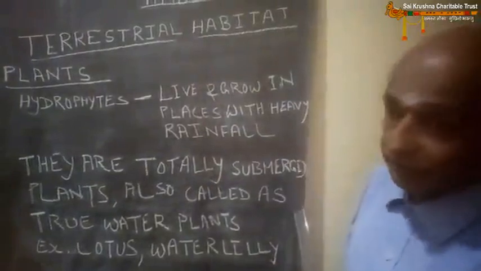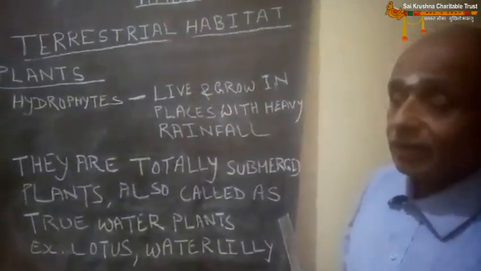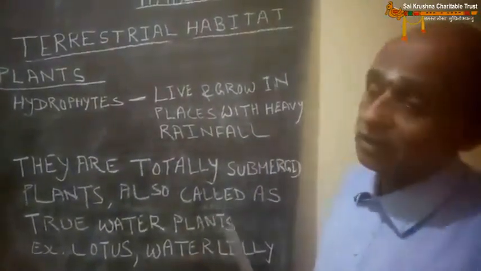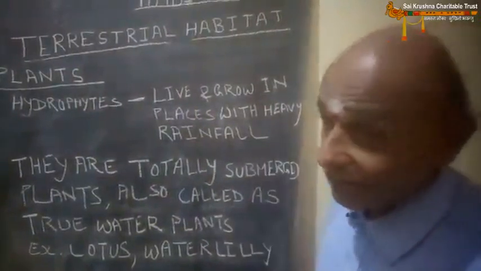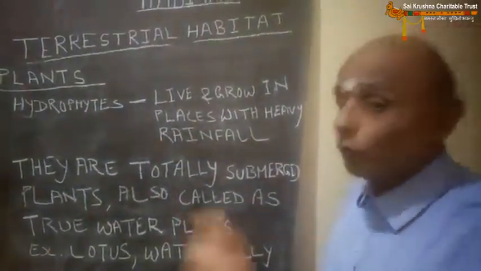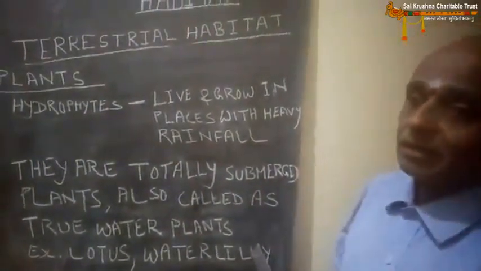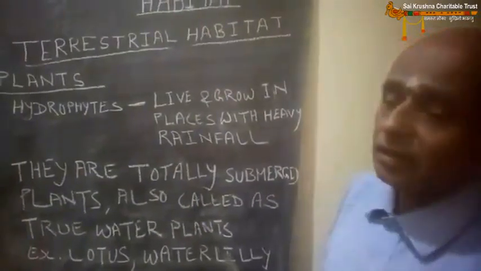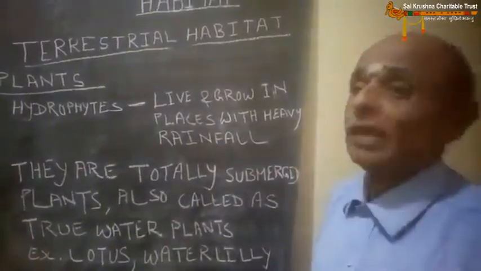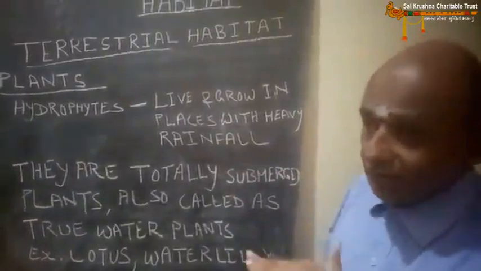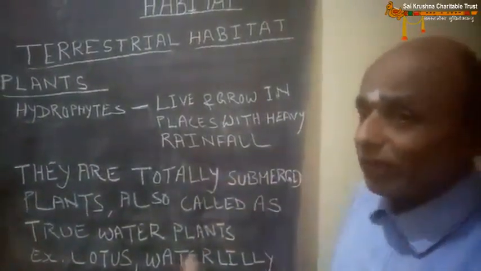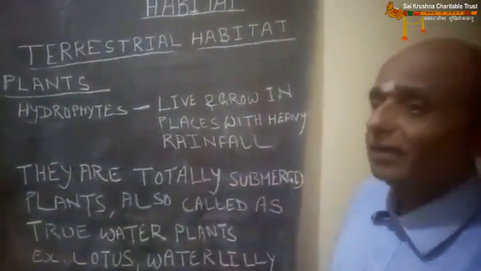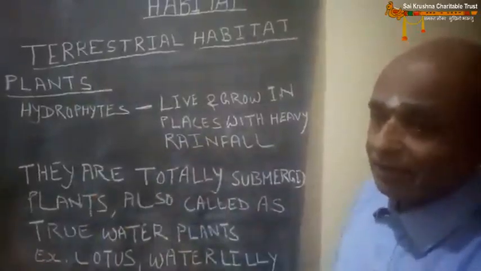Moderate rainfall means the rainfall is neither too heavy nor too light. It is in between heavy and light.